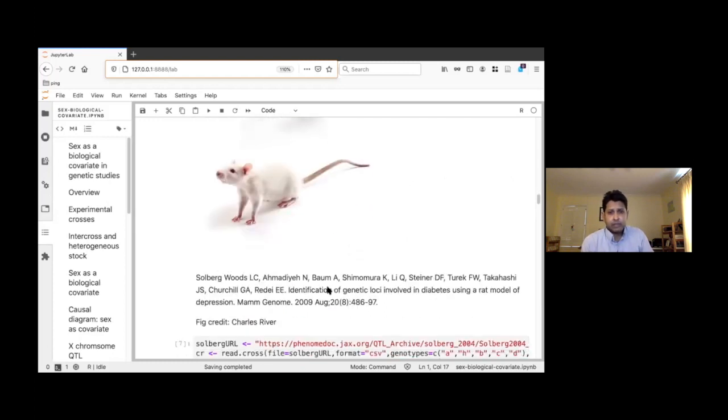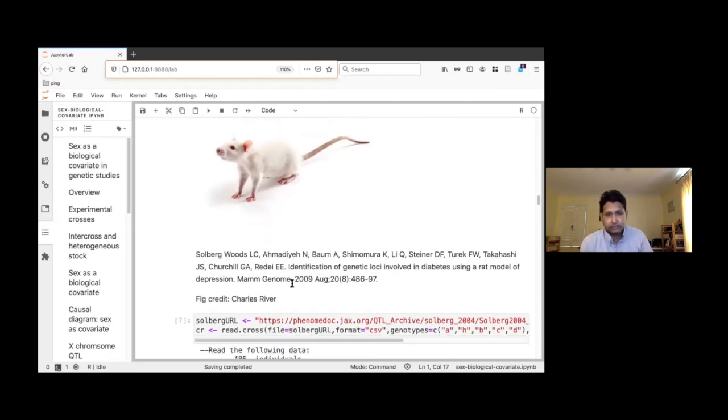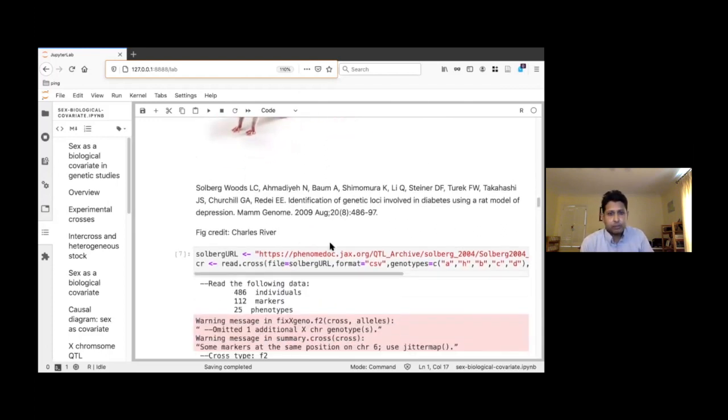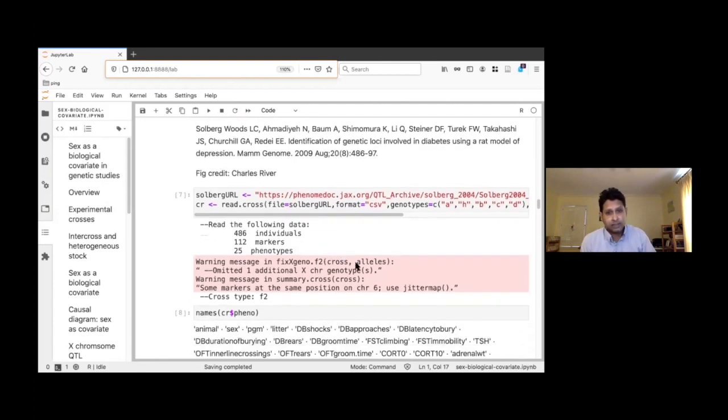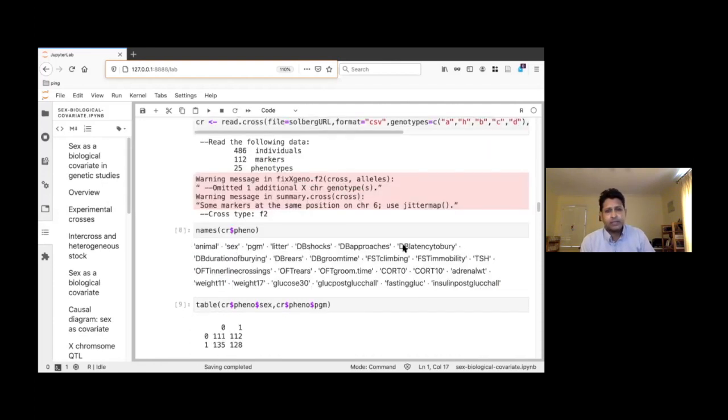And here is one of the papers that was based on this. So I just import the data, and you can see that there were almost 500 individuals, 112 markers, 25 phenotypes, and these are the phenotypes.